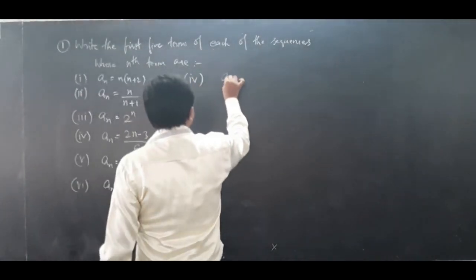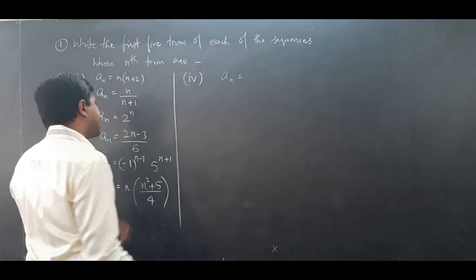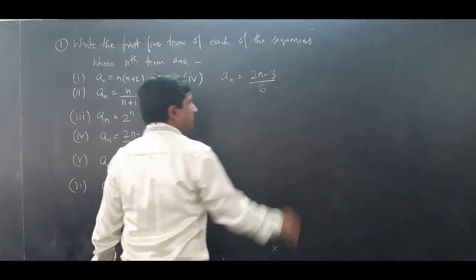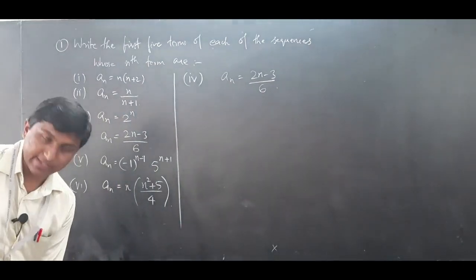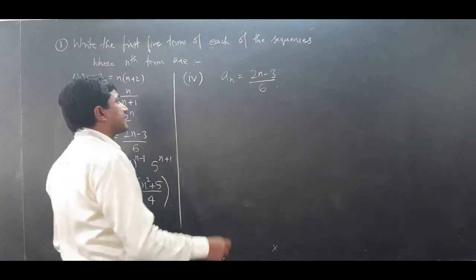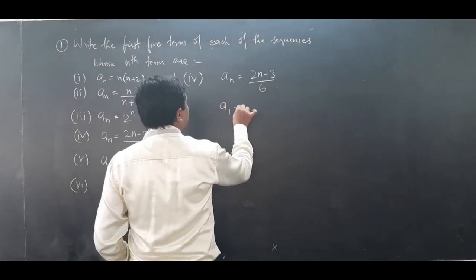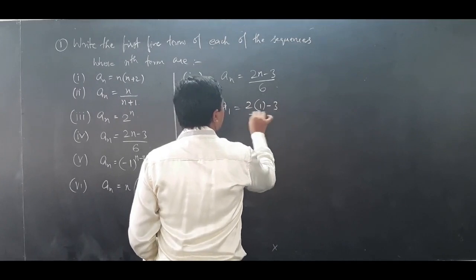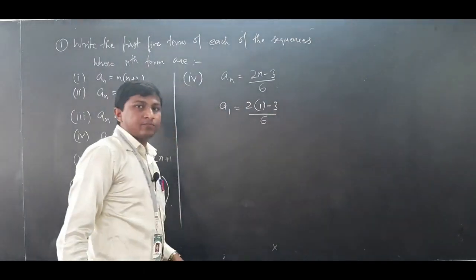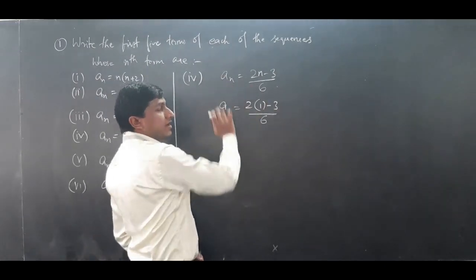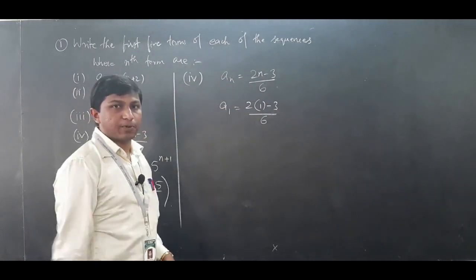What is An? An equals 2n minus 3 whole divided by 6. Okay. What is A1? A1 is 2 into 1 minus 3 by 6. First, you substitute n equals 1 in A1 and then you simplify.